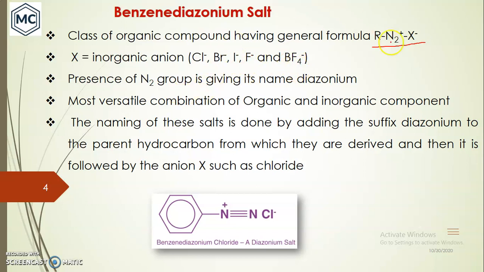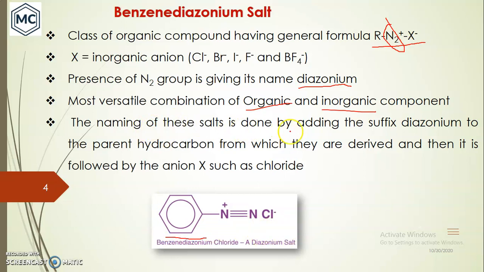The presence of the N2 group gives it the name diazonium. It's a most versatile combination of an organic and an inorganic component. You can see it here: this part is the organic part, and this is the inorganic part.